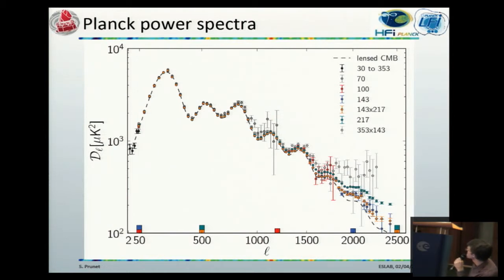So what we see is that the foregrounds are playing an important role at high L, as expected, and the most precise measurement is done by the 217 cross 217 cross spectra, and we see that there is a significant foreground contamination there that we need to take into account properly.